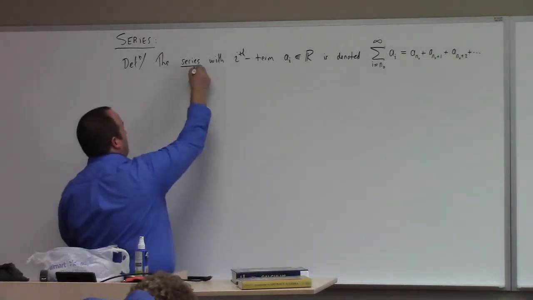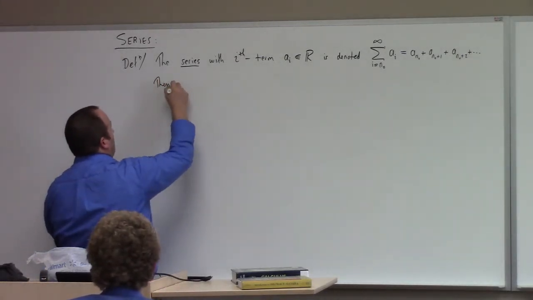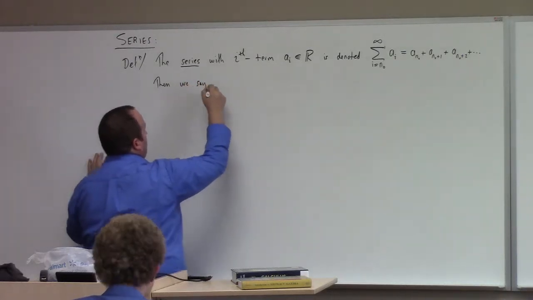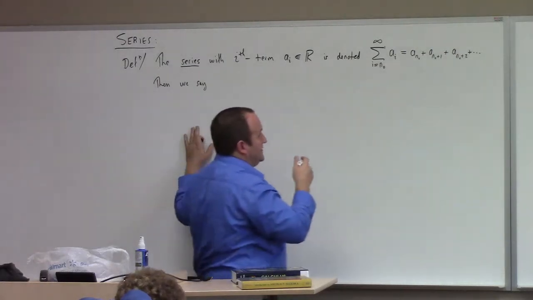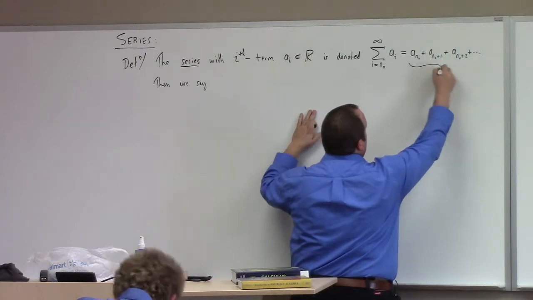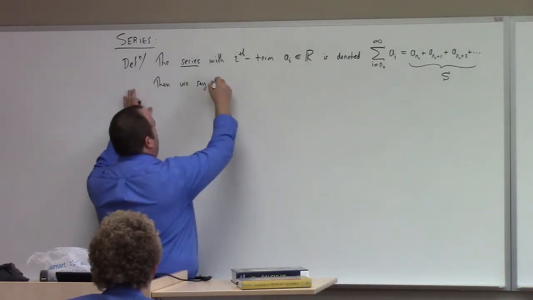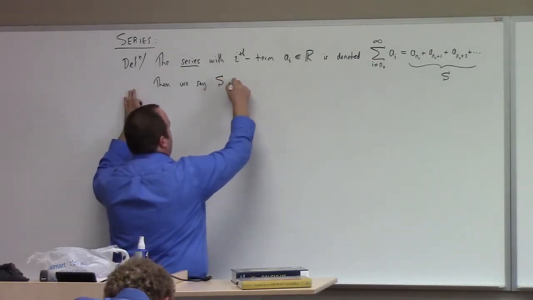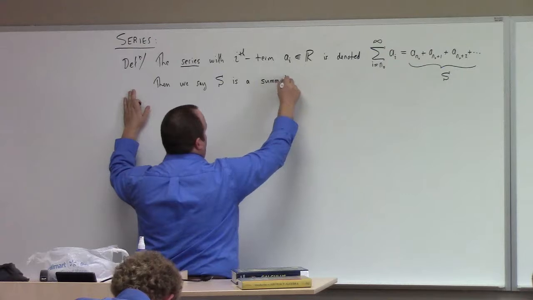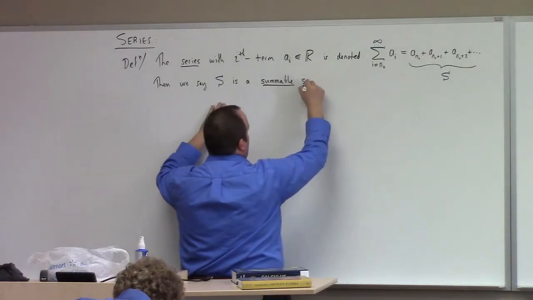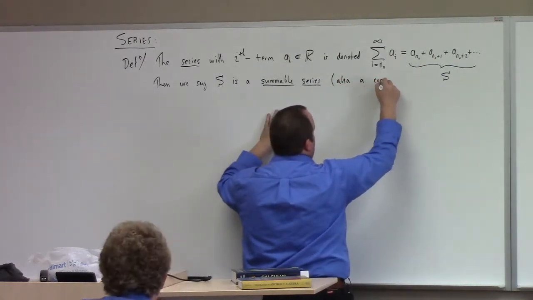So this is a series. Then we say, and let me just, for the sake of not writing this a kabillion times, let me call this thing S. So we say S is a summable series, aka a convergent series.